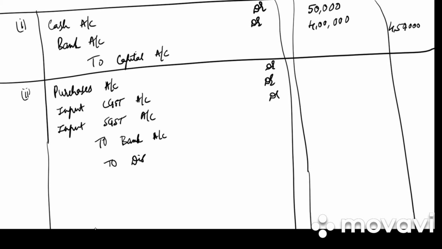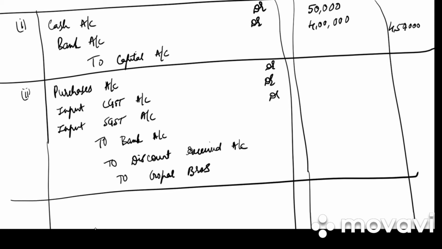We have 5% cash discount. So discount received account to Gopal Brothers. To write the amount, after this, write down a working note.